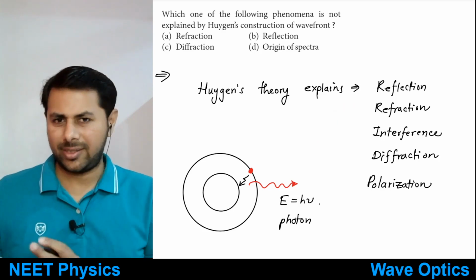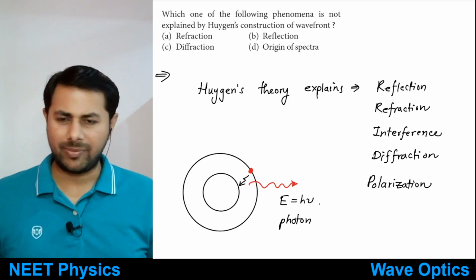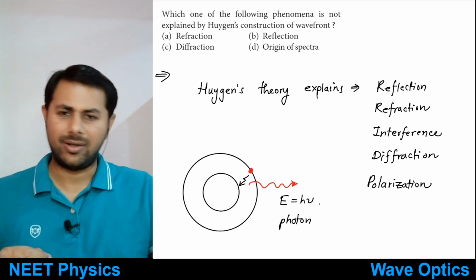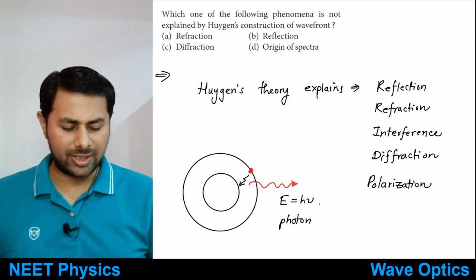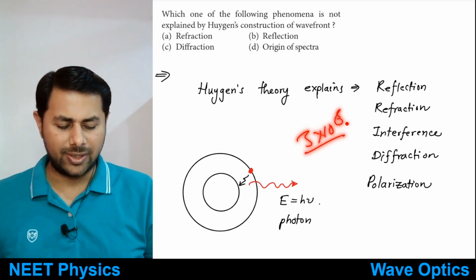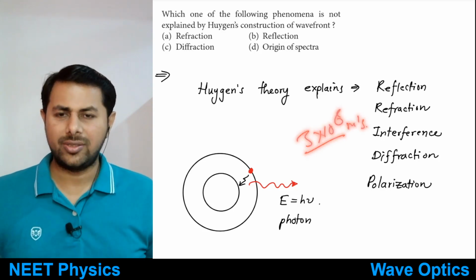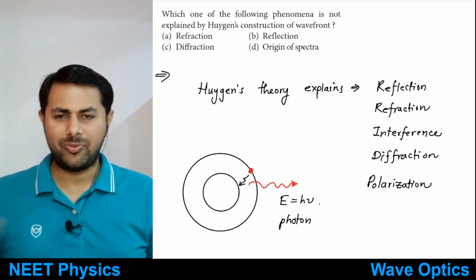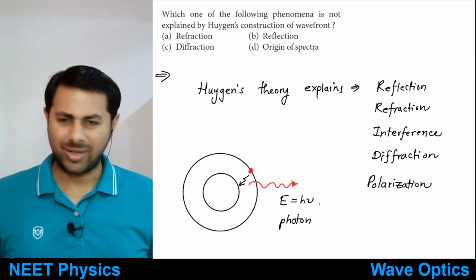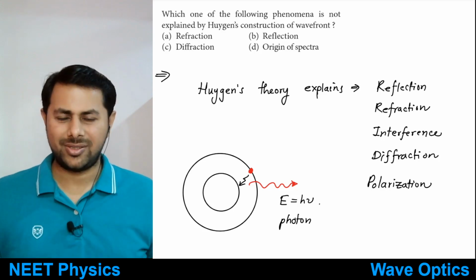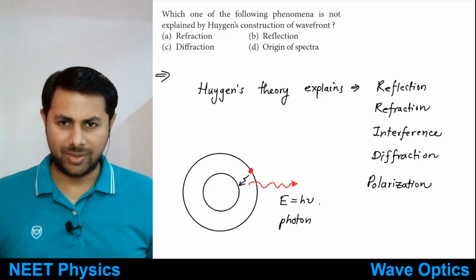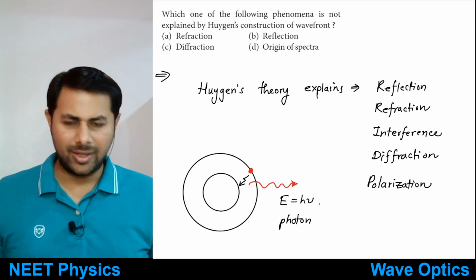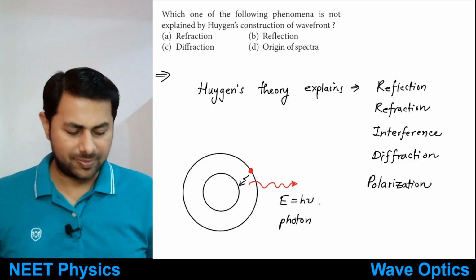Whatever is Faraday's theory, he proved it mathematically, and he also found the equations for the electromagnetic waves, and he also found that if electromagnetic waves travel in space, their speed would be equal to 3 into 10 raised to 8 meters per second, which is speed of light. Okay, so it proved that light is made up of what? Electromagnetic waves. Okay, but there are different types of electromagnetic waves, and a part of that is visible light.